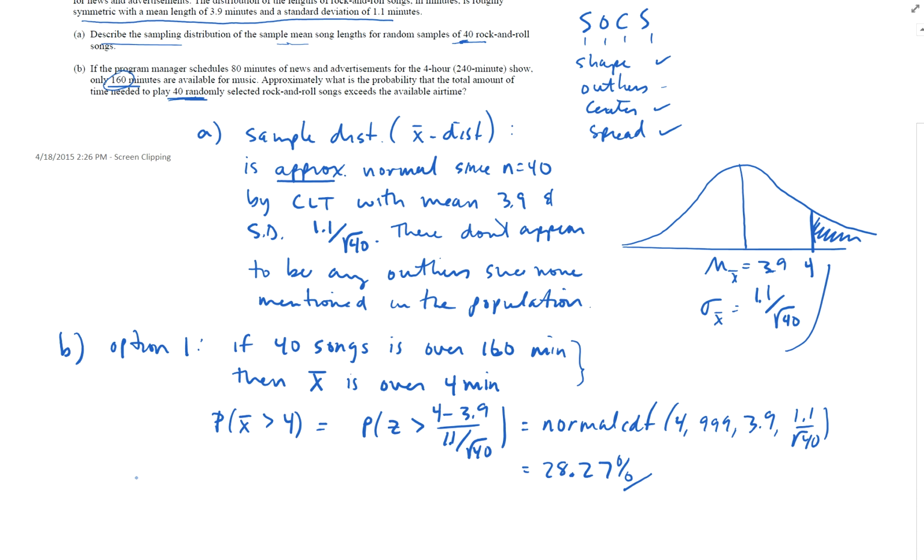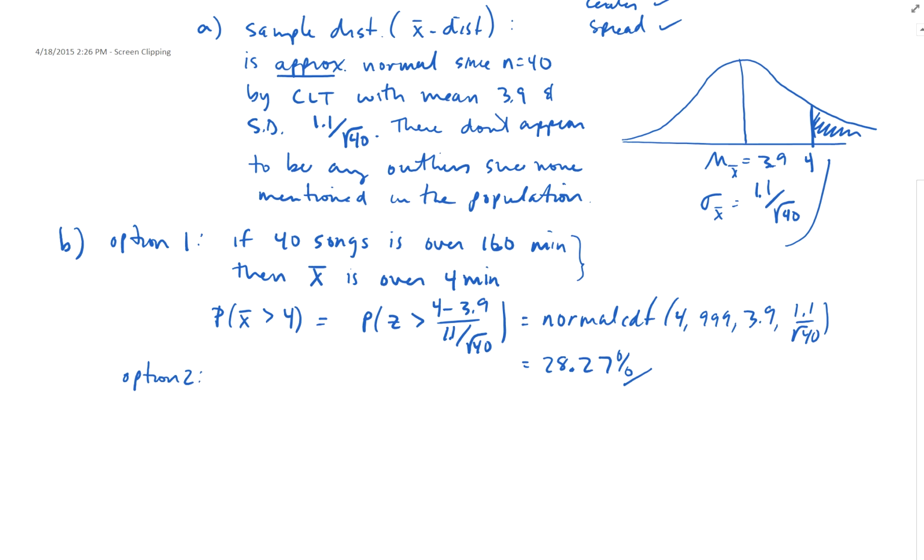Now the second option is simply to say, well gosh, what if I took 40 songs, and I want to know what's the probability that it's over 160 minutes.